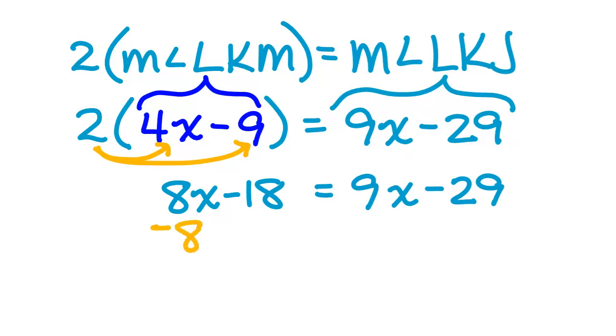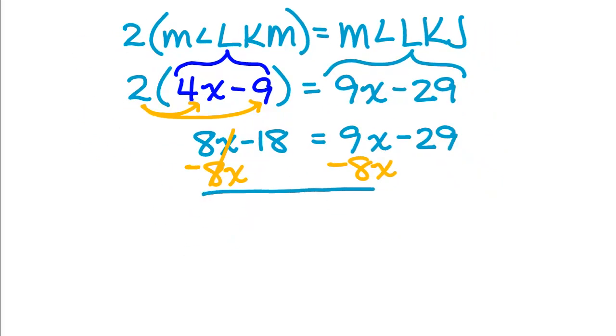Let's get our x's to the same side first. So I'm going to minus 8x from both sides. I'm going to bring down my negative 18. Don't forget that minus sign in front of the 18. What is 9x minus 8x? 1x. So just x and then minus 29.